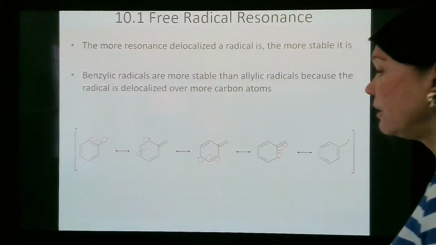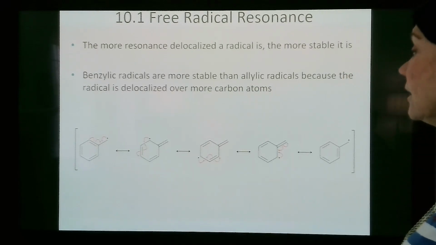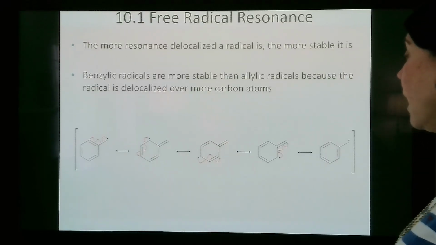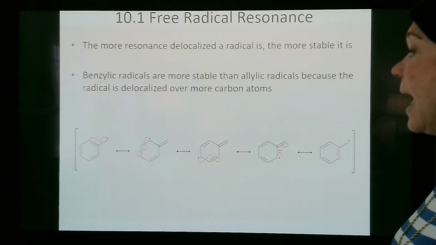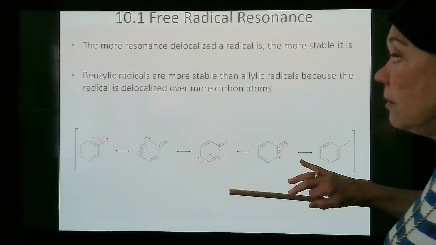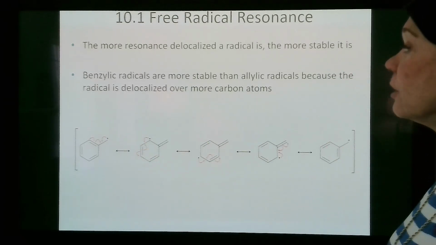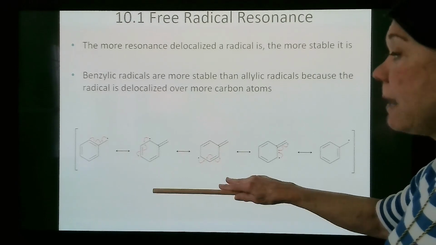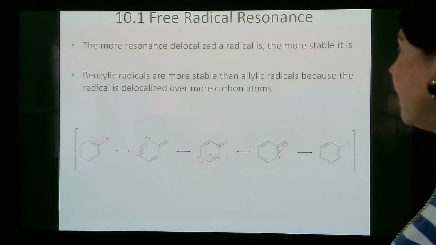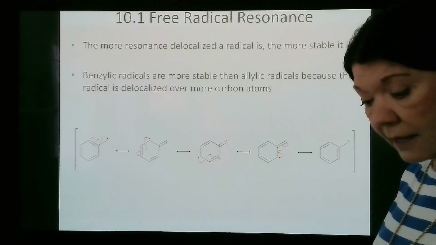So you have 5 different resonance structures. And so the unpaired electron density is more spread out around the ring. That means that the benzylic radicals, this radical drawn either way here, are more stable because the unpaired electron density is spread out over more atoms.